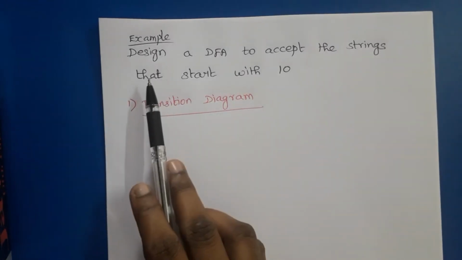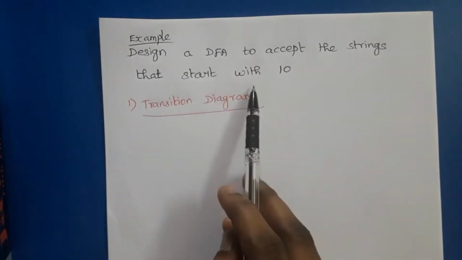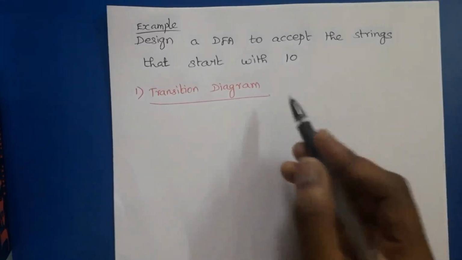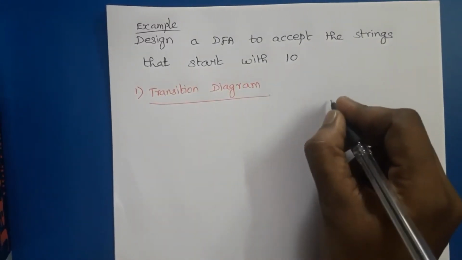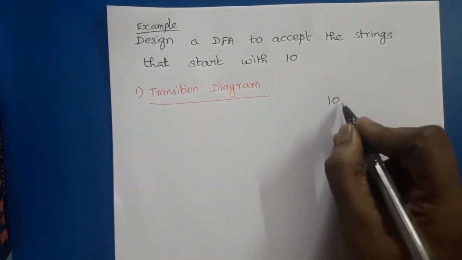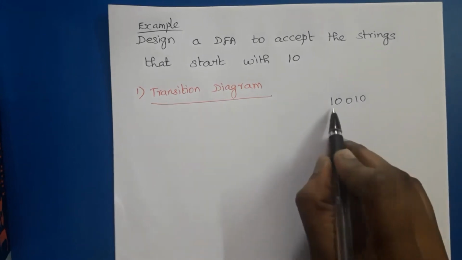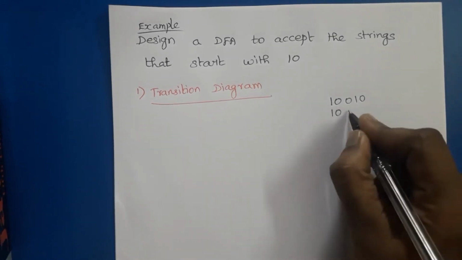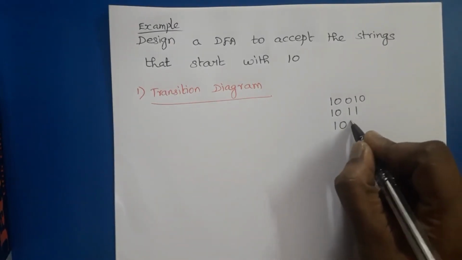Now we can see one example: construction of a DFA to accept the strings that start with 10. That is, all the binary strings that start with 10. So the string 10010 is a correct input string because this string starts with 10, or 1011 is a correct input string, 100.